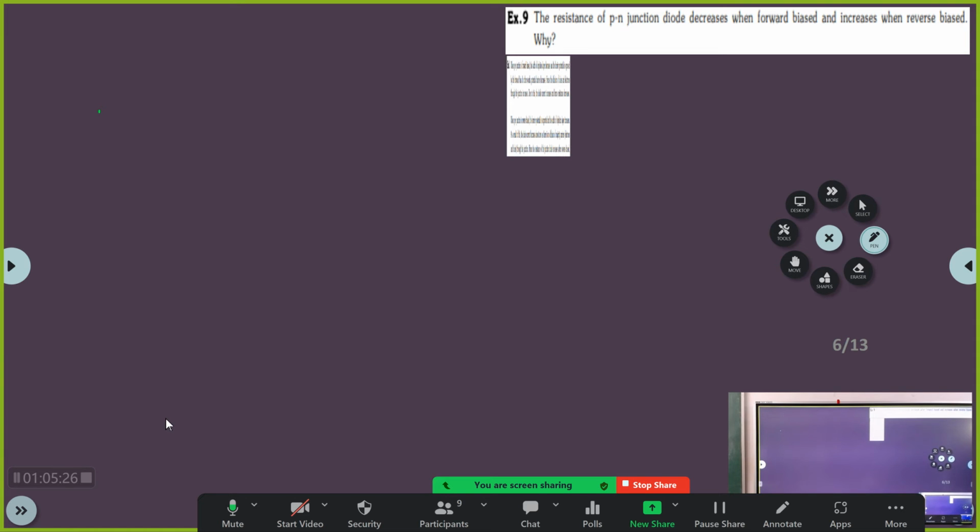So when you increase the forward bias, this potential energy barrier will decrease. Why? Because the depletion layer is also decreasing, and as the voltage increases, the potential energy barrier will start decreasing, and therefore the resistance to the flow of current will also decrease.